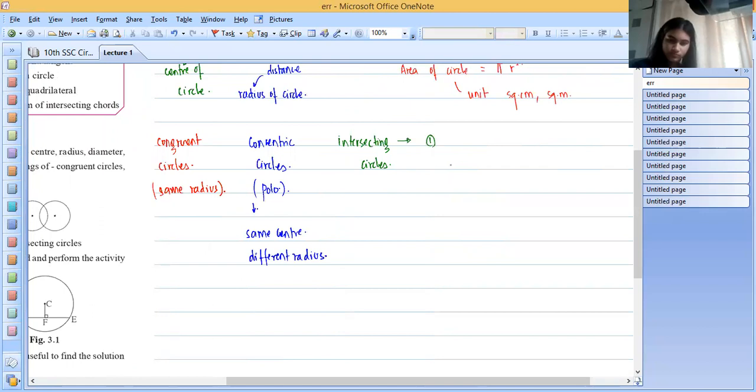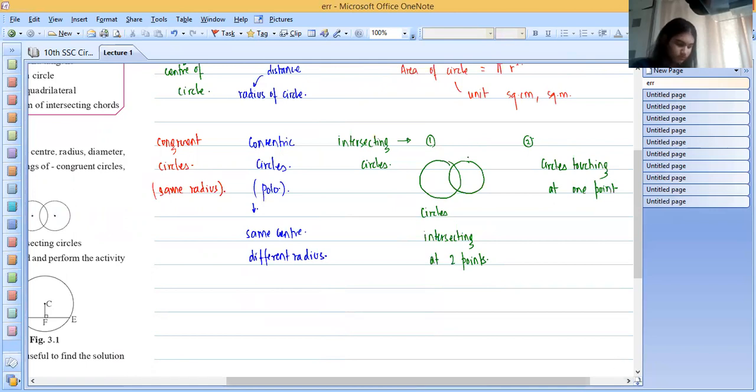First, circles intersecting at 2 points. And second, circles touching at one point.